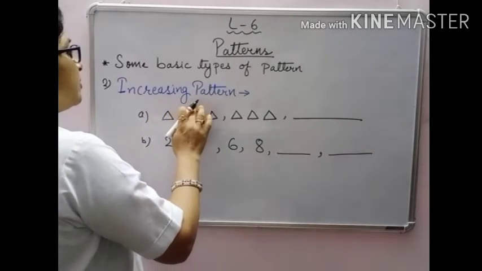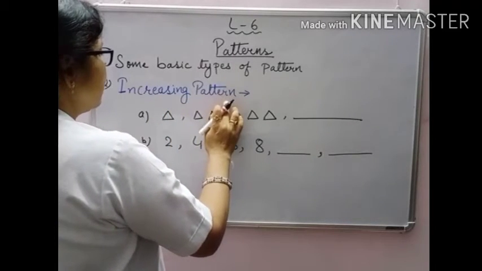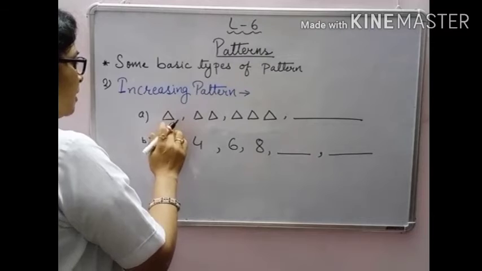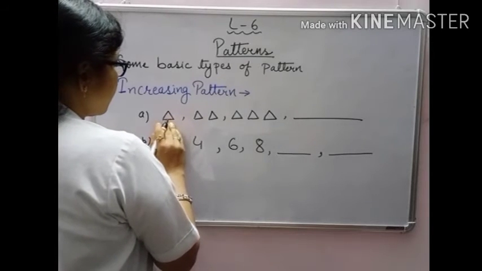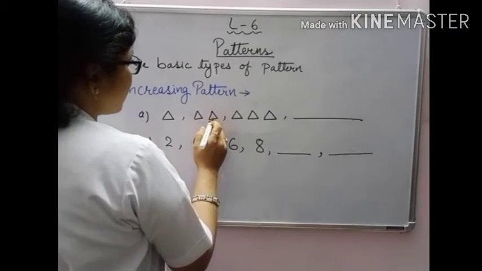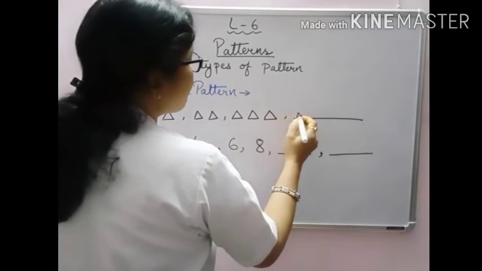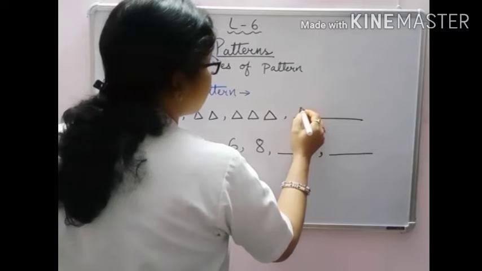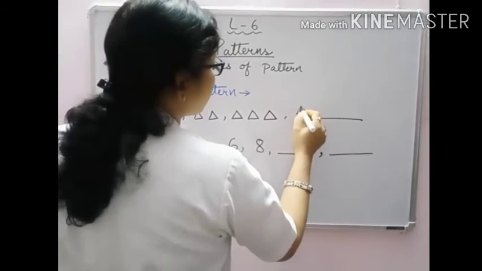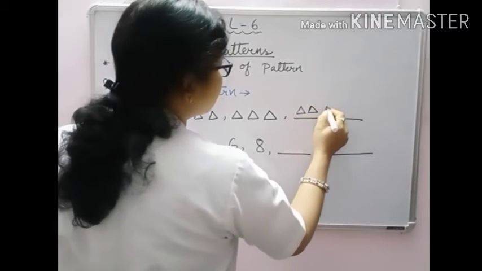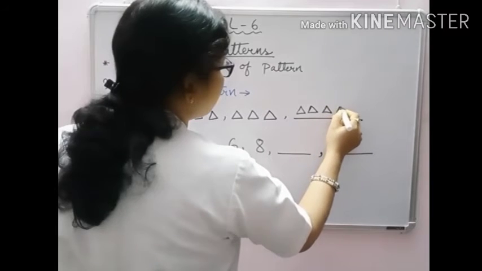Now, the next one is the increasing pattern. Here in this example, there is one triangle. After that, two triangles. After that, three triangles. So, what will be next? There will be four triangles. 1, 2, 3, and 4.